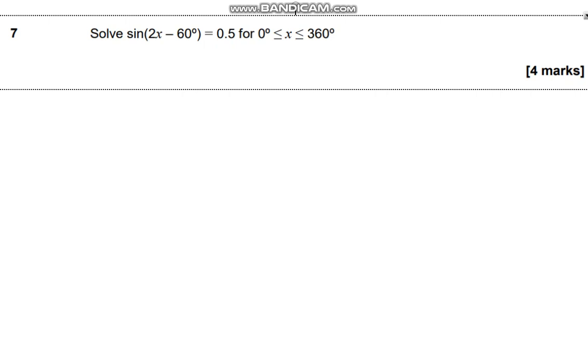Okay, so for this one, if we just invert sine it, we're going to get 2x minus 60 is going to be sin minus 1 of 0.5. So that will give us 2x minus 60 is going to be equal to 30. But we've got a little problem with this, and this is because of this 2x.